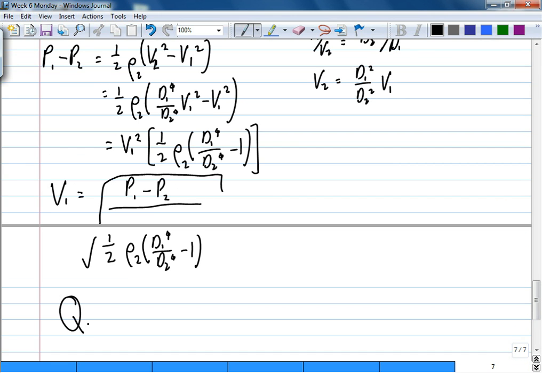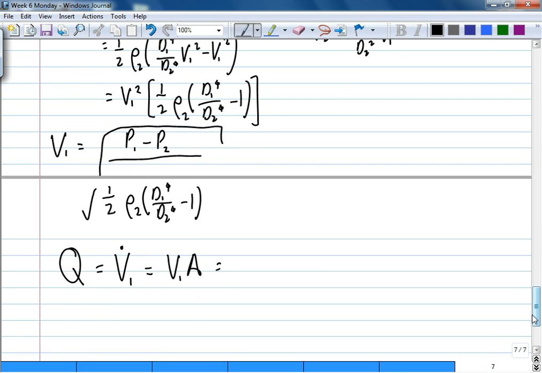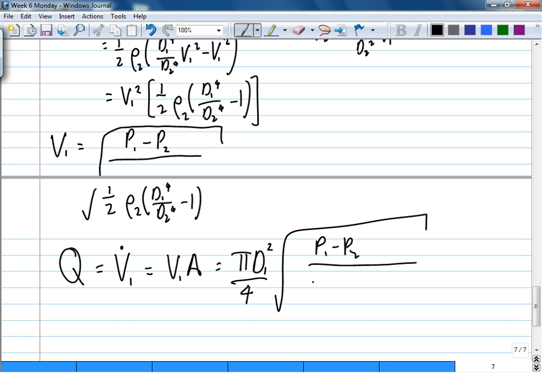Q, which is equal to V dot, the volumetric flow rate, is equal to V1 times area. Velocity times area. So pi D1 squared over 4, multiplied by the square root of P1 minus P2 over half rho 2 times D1 to the 4 over D2 to the 4 minus 1.